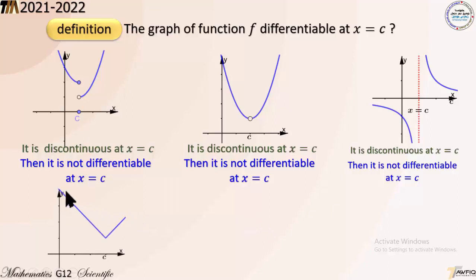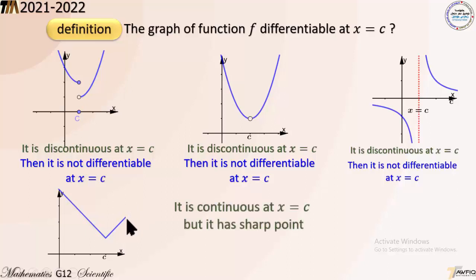In this function, as you can see, the function is continuous at all real numbers, but because you have a sharp point here, the function is not differentiable at x equal to c.